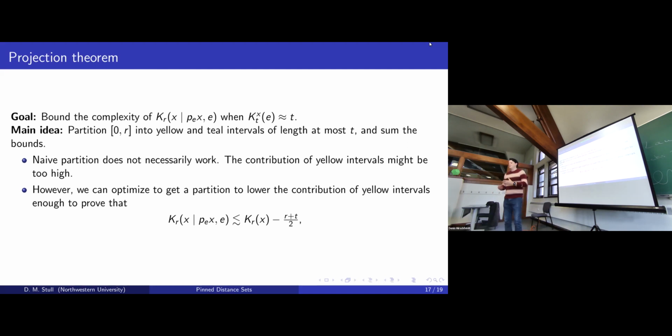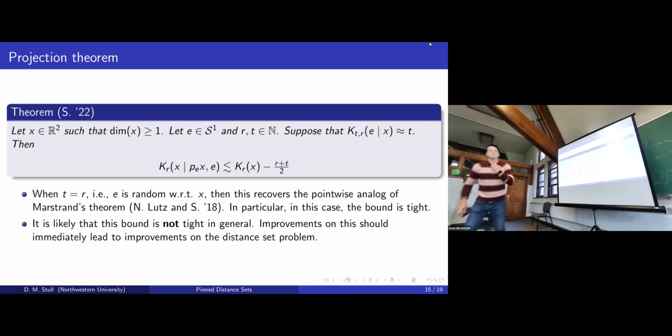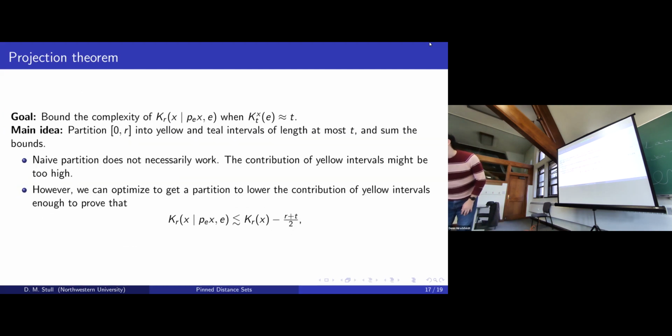I'm sure you can do some improvements here, but I'm not sure that in general you can find a better partition that would dramatically increase the distance set bound. I really do think the best thing to do is try to increase this bound in a different way, is what I'm saying.